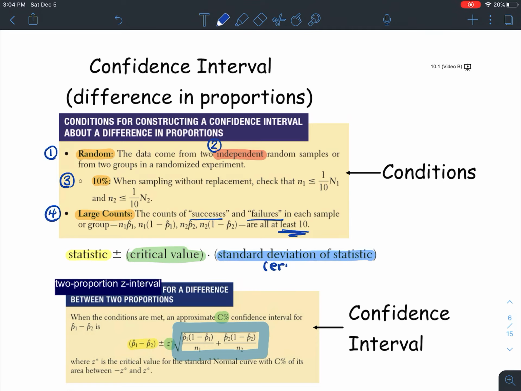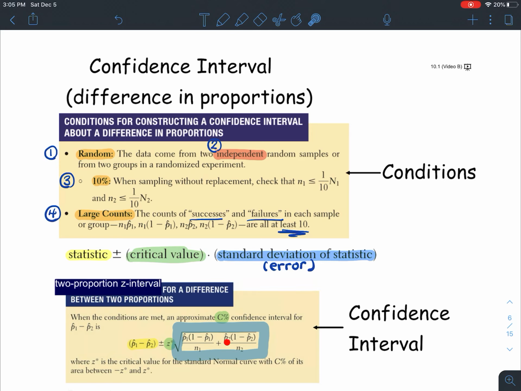Now, actually on the formula sheet, I believe that this is called standard error of the statistic. And the reason it's called standard error is because technically the standard deviation of the statistic should have not p hats here, but just p for the parameter. Well, clearly that's what we're trying to estimate here.